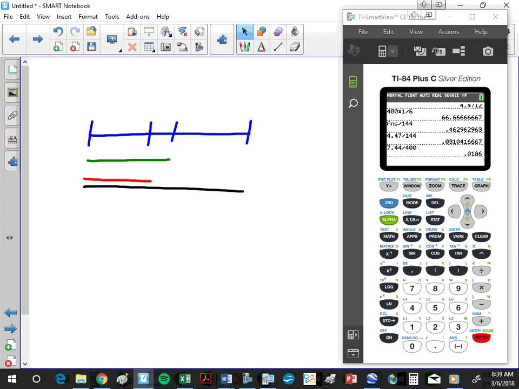So if I take the red line and the green line, then it's going to be just as long as the black line. That's what I was told. What I want to show is that this length here is equal to this length here. How am I going to do that?